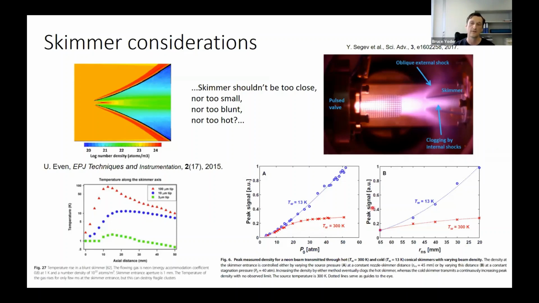In these two graphs, we see normalized transmitted intensity as a function of stagnation pressure in the valve and distance from the nozzle to skimmer on the right side. We see that for the room temperature skimmer, we have a plateauing of the intensity where we would expect an increase with increasing pressure, which is borne out in the cold skimmer.